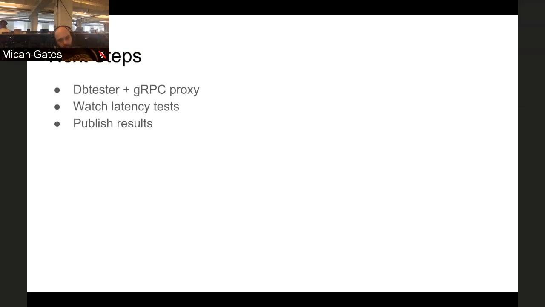We plan to continue this testing, write everything up, and publish our results, and along the way contribute some more example tests to the DB tester framework. It's been really great to work with so far, and we're excited to keep using it. So thanks for putting that out there.